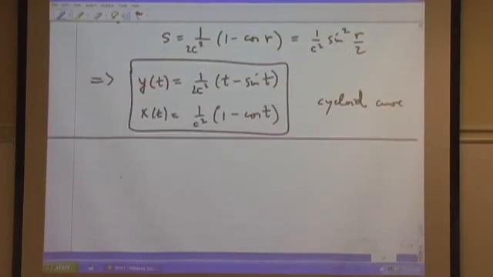And you probably might have seen this in calculus 2. What's the cycloid?